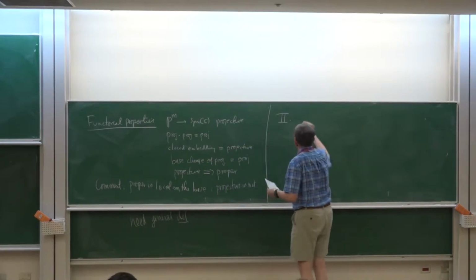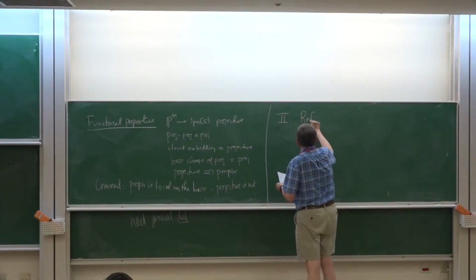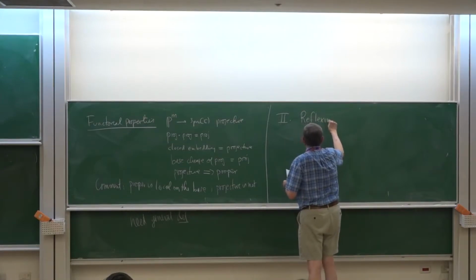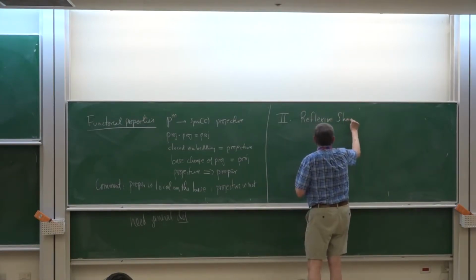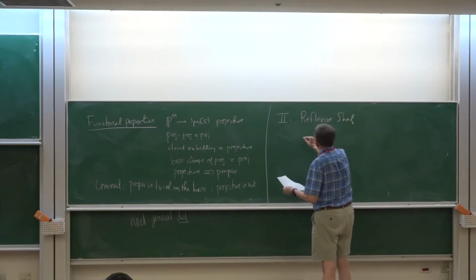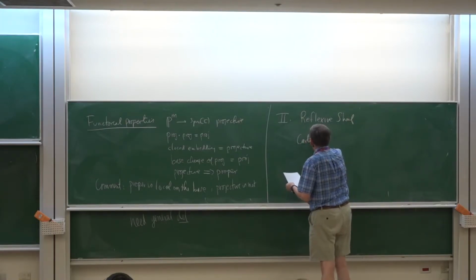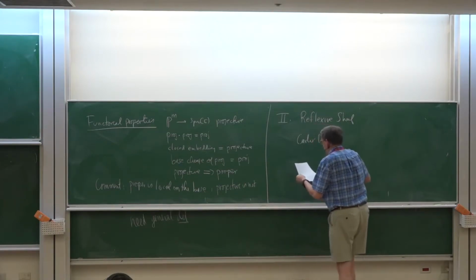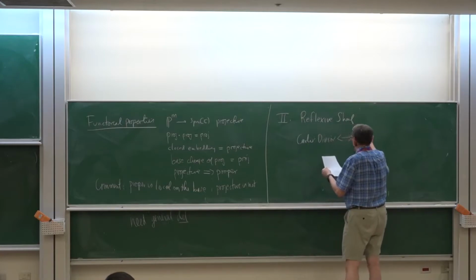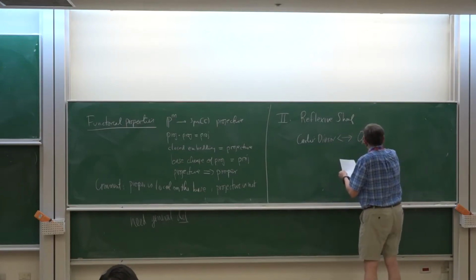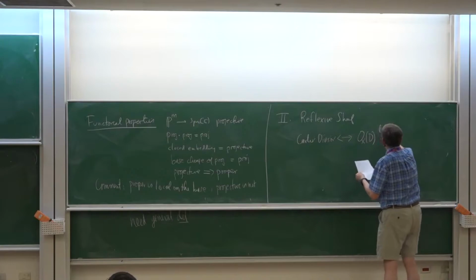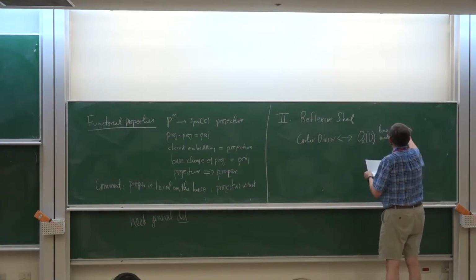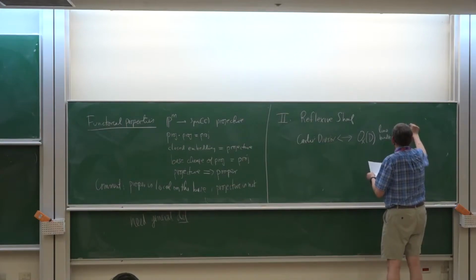So the next thing is this funky notion of reflexive sheaf. And the idea is that when we have a Cartier divisor, and Hal talked about how when you look at this, this is a line bundle, which equals a rank 1 locally free sheaf.